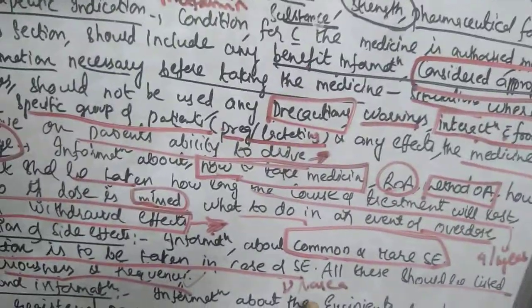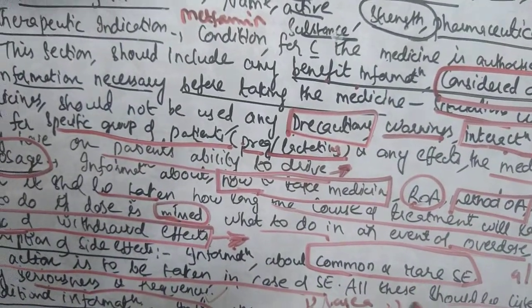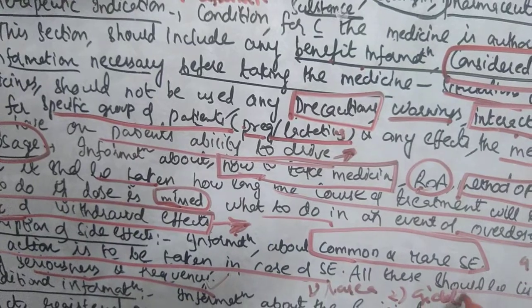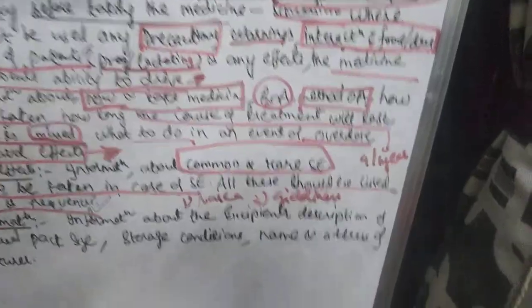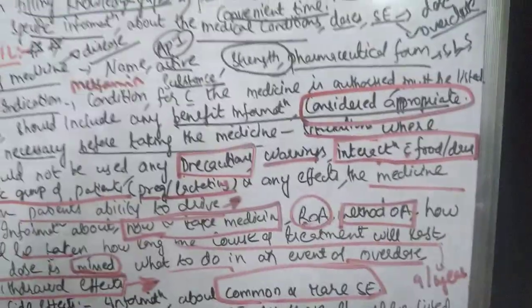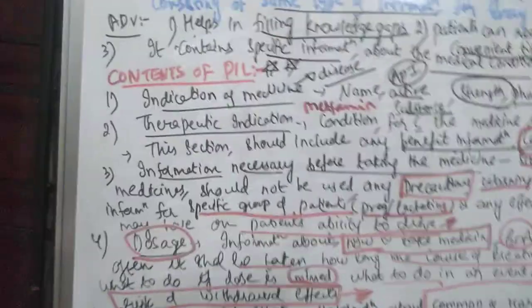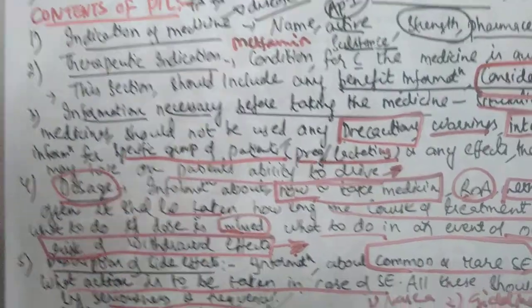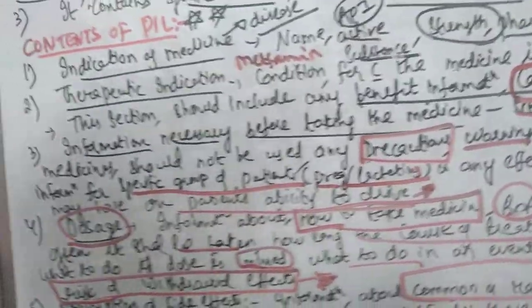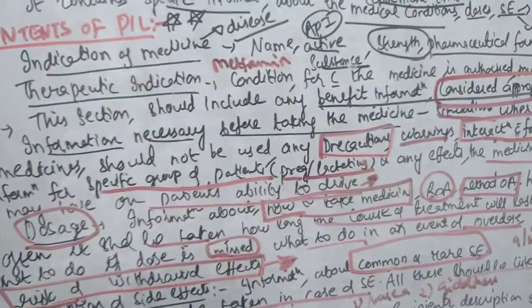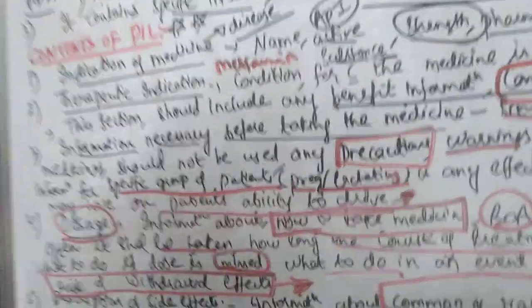So this is more frequent, and it should be listed first by frequency. Then suppose giddiness. Giddiness is less frequent than nausea, so that should be listed second. You're getting my point. All these common and rare side effects should be listed in a way which emphasizes how serious they are and how frequently they occur.